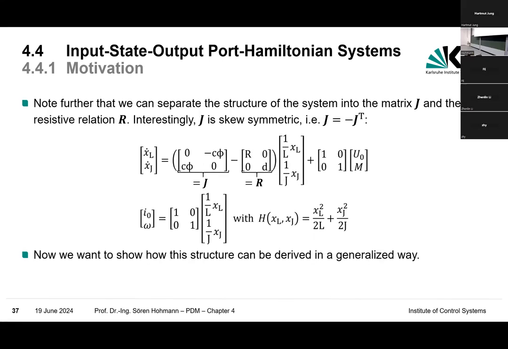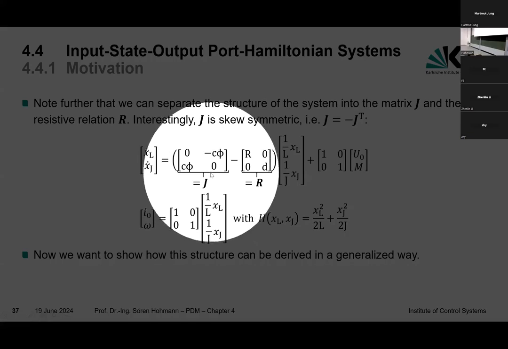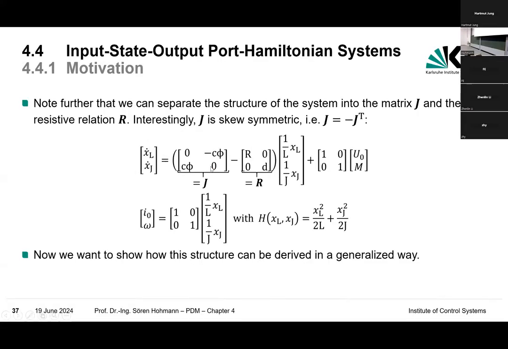Okay, one important fact, and I'll go on to the yellow points here. This matrix J, which is present here, and the matrix R, which is present here, both have specific properties which we can already inspect.